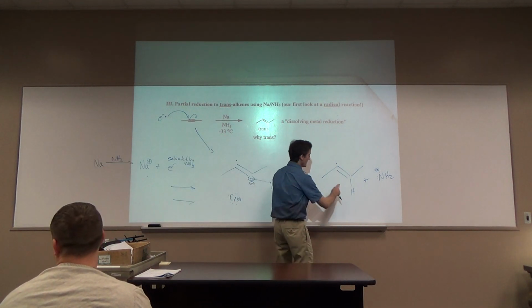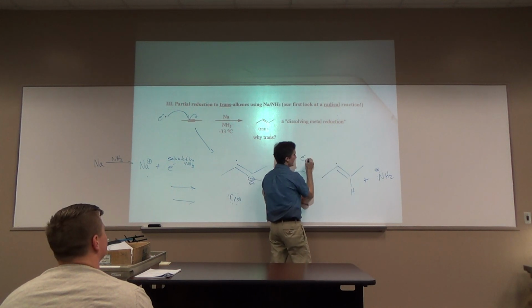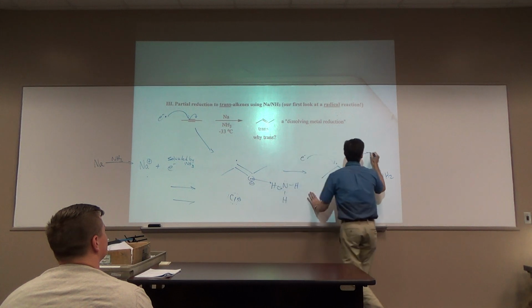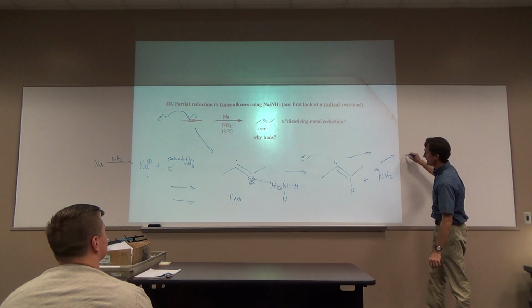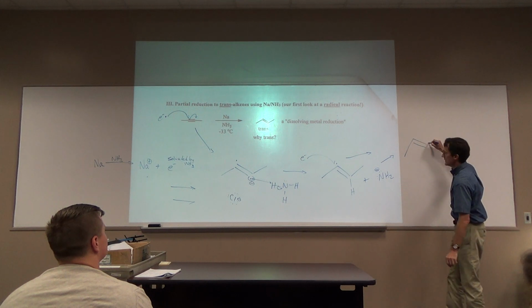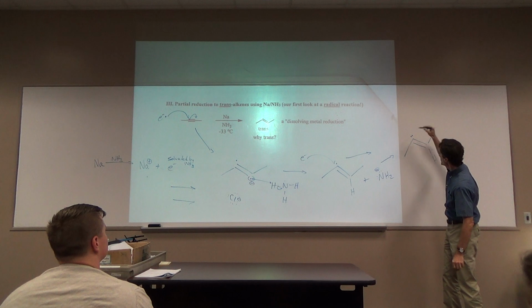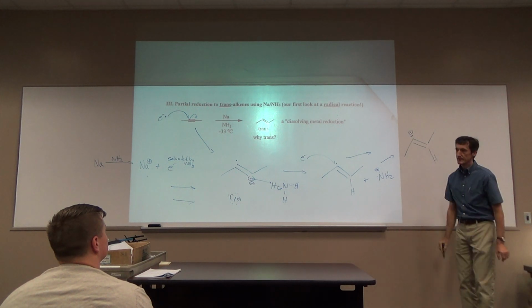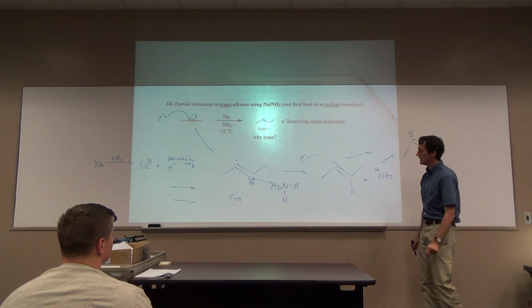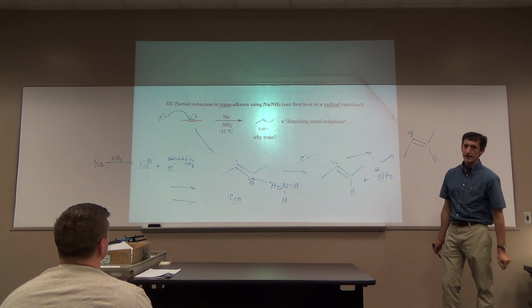Okay, from here. Next, you actually need another electron. Another electron pumps in here, and what do you get? Boom. There's new H here. Now what do we have here? 2. That's a lone pair. What's the charge now? Negative. Boom, we get that. Last step. How do we get home?